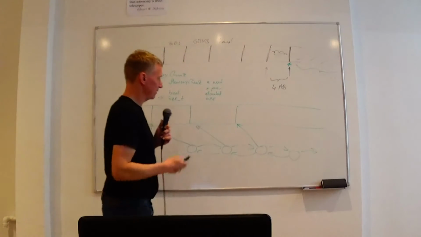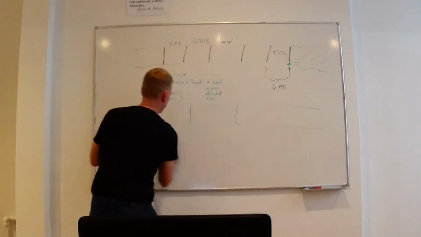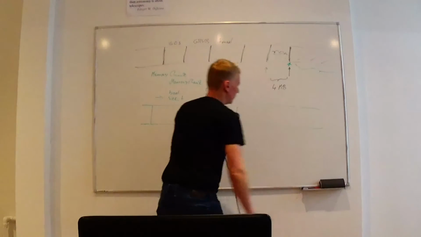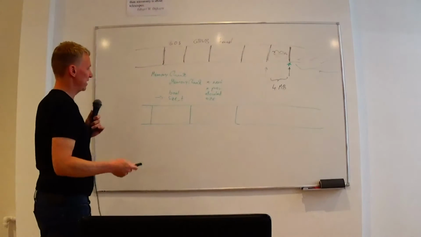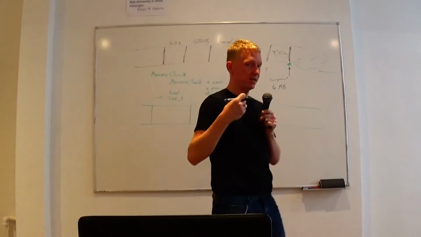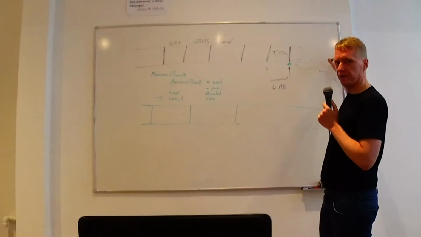Okay, so we need to think about how to decide where to put these objects. So we have to manage that really manually. But the thing is, we have a lot of RAM here.